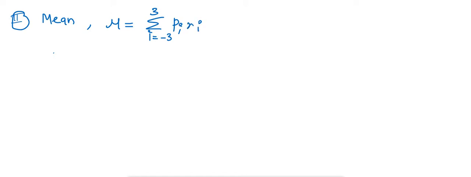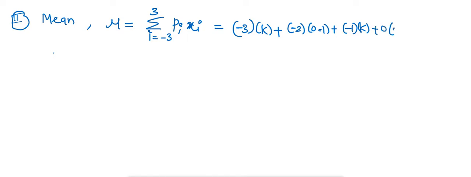That is equal to: xi means minus 3, corresponding pi is k, plus minus 2 into 0.1, plus minus 1 into k, plus 0 into 0.2, plus 1 into 2k, plus 2 into 0.4, plus 3 into 2k.